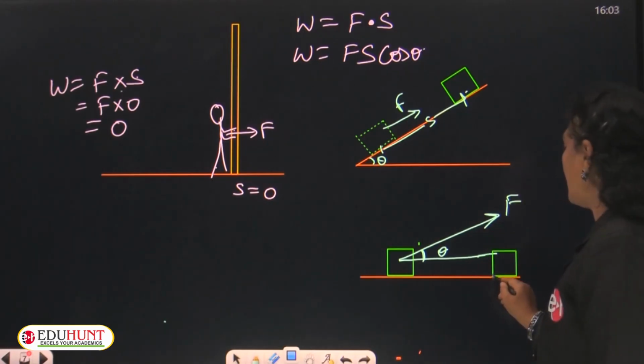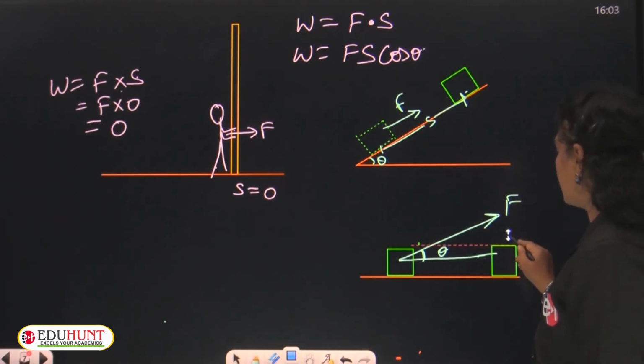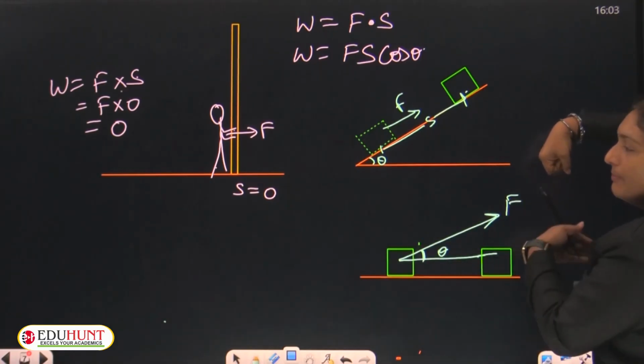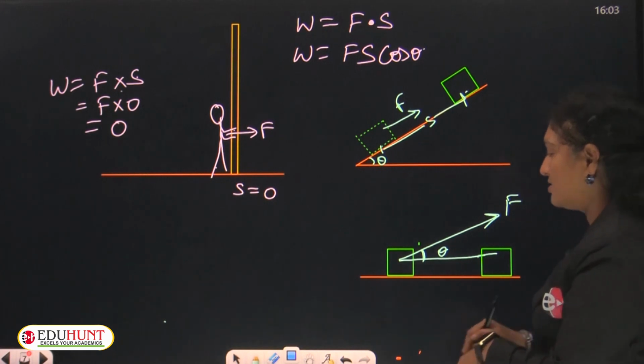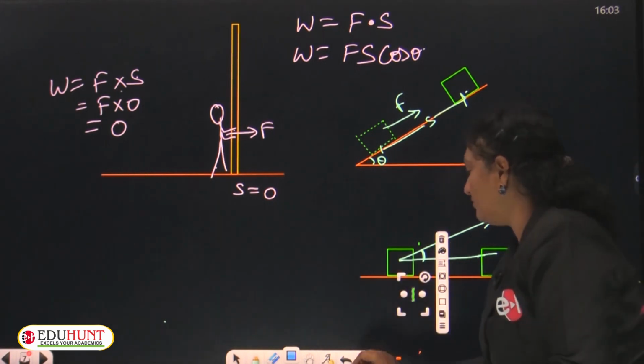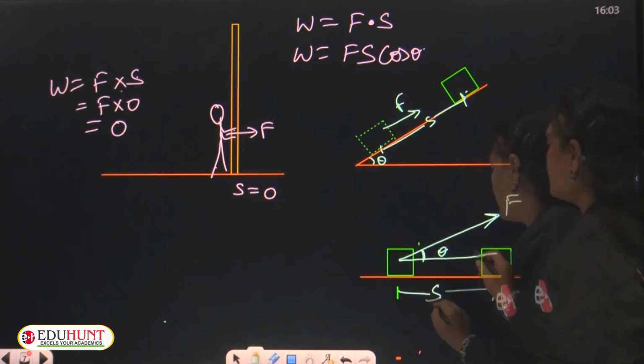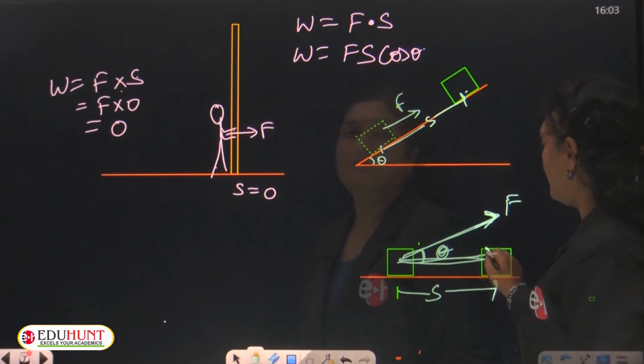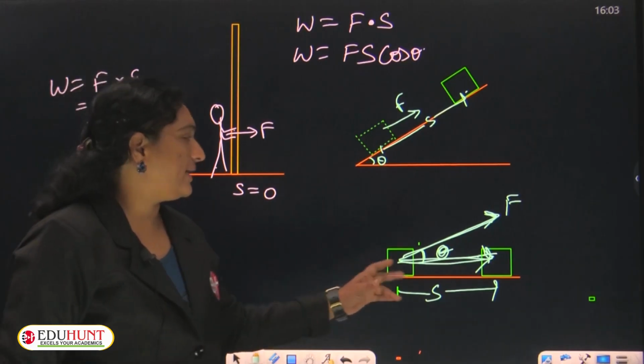Whenever the force is applied, the block is pulled in the forward direction and it causes a displacement of some S. So this force acts at some angle theta, for which some displacement S is caused.